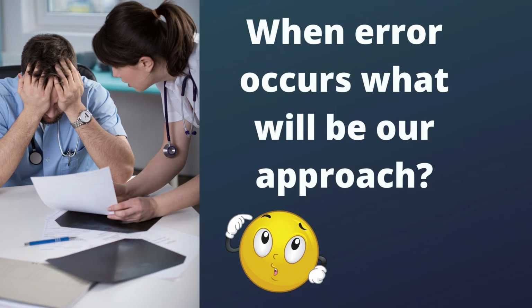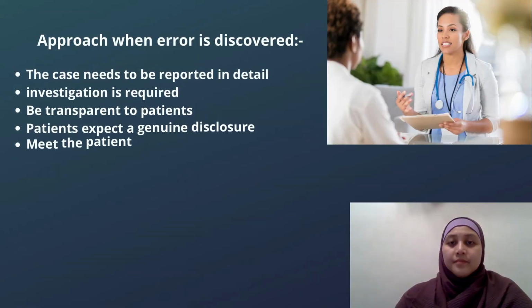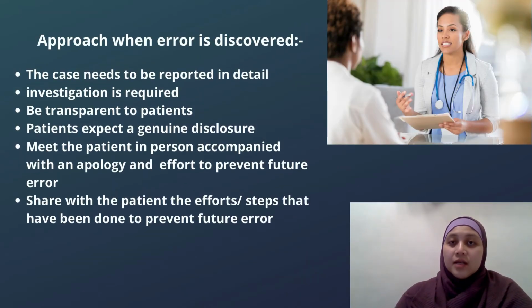When error occurs, what will be our approach? When error is discovered, the case needs to be reported in detail to the person in charge in the hospital, and an investigation is required. Patient needs to be informed, and the error has to be transparent, as patients expect a genuine disclosure.